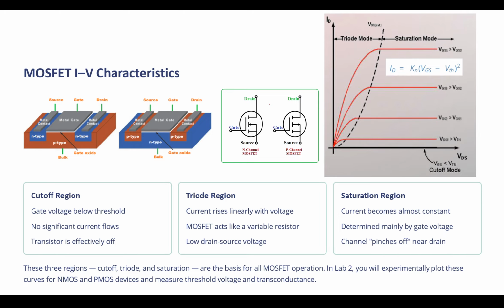So for example, if you wanted to use the MOSFET as a switch, you wanted to turn the switch on and off, but the main current or main signal that you want to process by turning it on and off is going to go through drain to source or vice versa, source to drain.